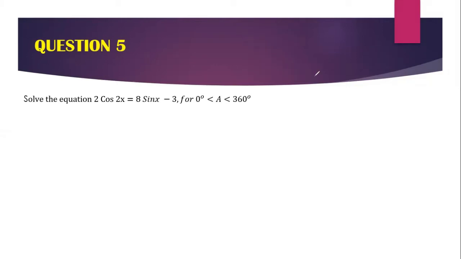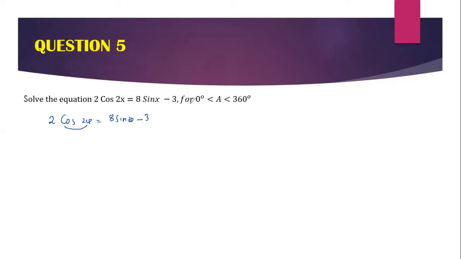2 cosine 2x equals 8 sine x minus 3. You have to expand this one, cosine 2x, with respect to sine x.